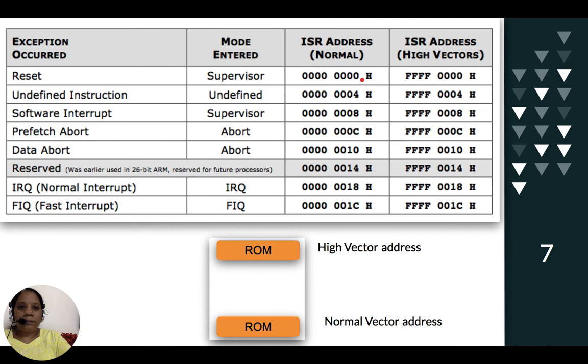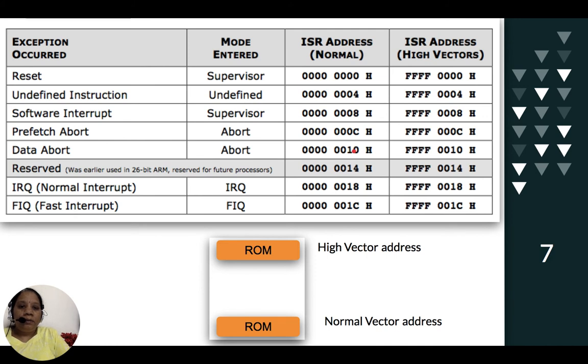It is not possible. So this vector address is like a path for you. Suppose you're working in user mode and you get a data abort interrupt. What happens? You immediately move to the vector 00000010. That is the data abort vector address, suppose you're using a normal vector address.